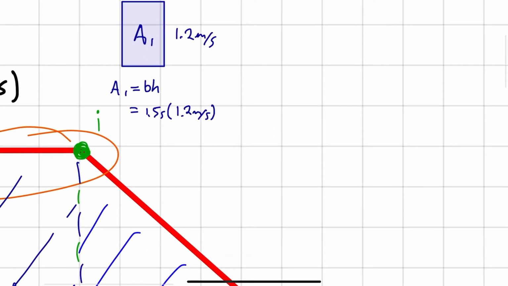And paying attention to our units still, we have 1.5 seconds times 1.2 meters per second. Our seconds cancel out, and our answer will be in the units meters. And that makes sense because we're trying to calculate displacement.